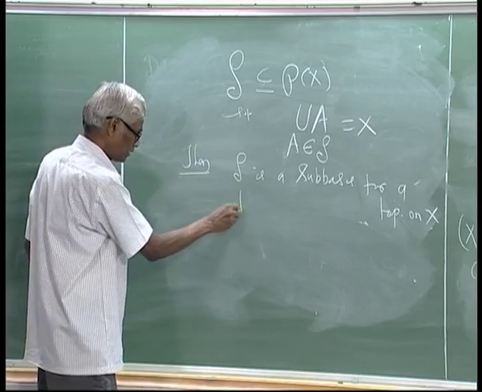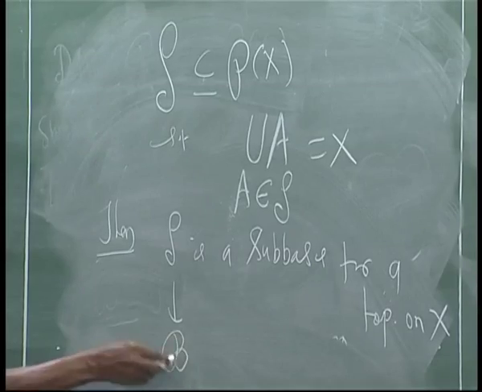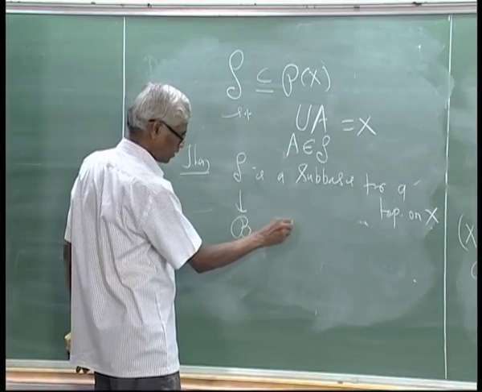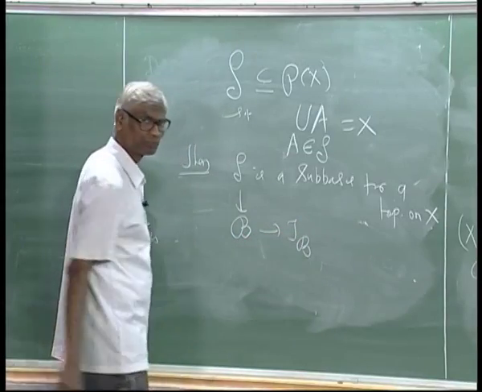From script S go to all possible finite intersections of members of script S, then from there go to the topology.